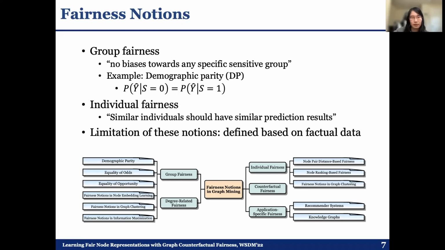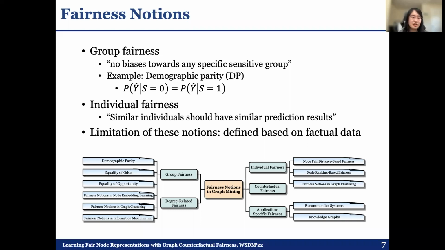For example, one of the mainstreams of fairness is group fairness. The high-level idea is that there should not be any biases towards any specific sensitive group. A famous fairness notion in the category of group fairness is called demographic parity.